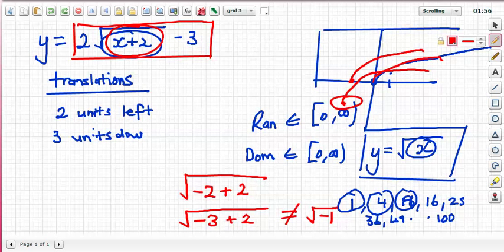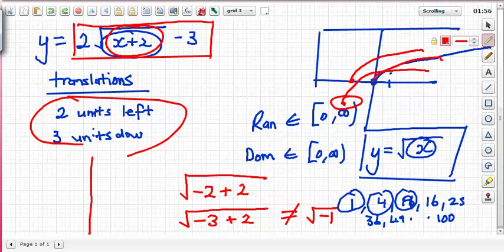So I guess we've worked out our graph. We know that the point where it starts has a coordinate of negative 2, negative 3.